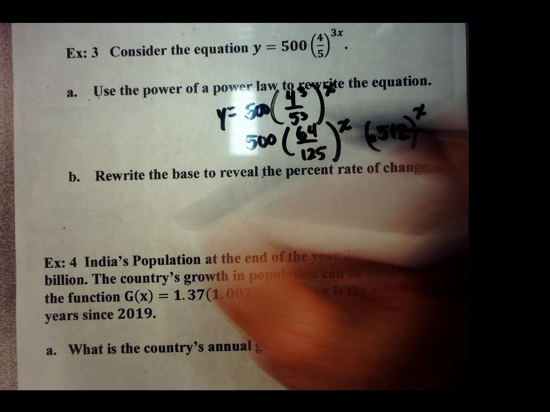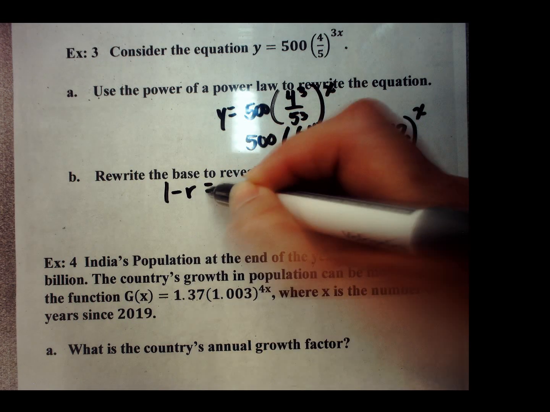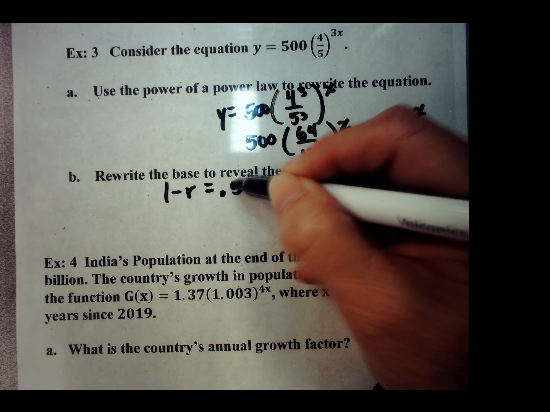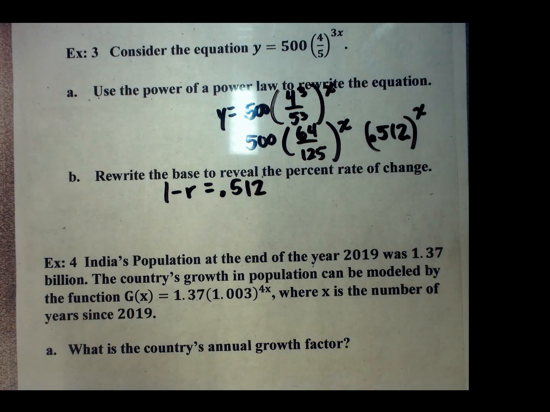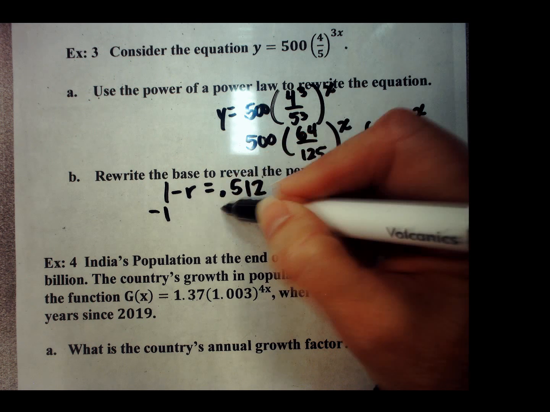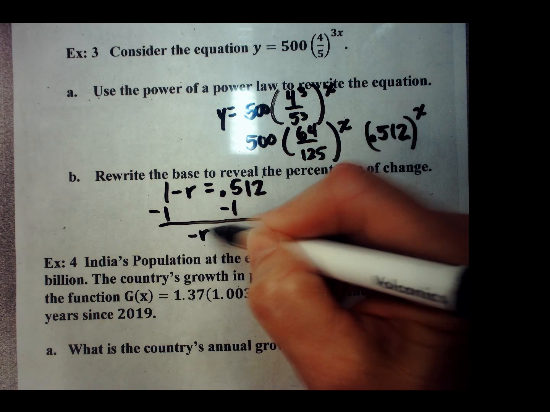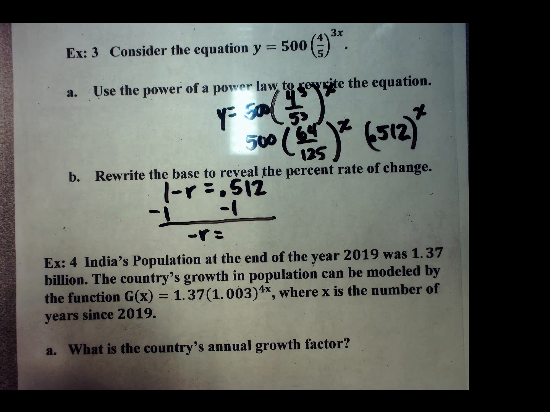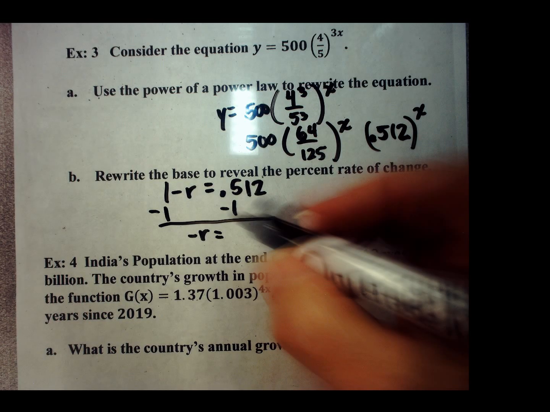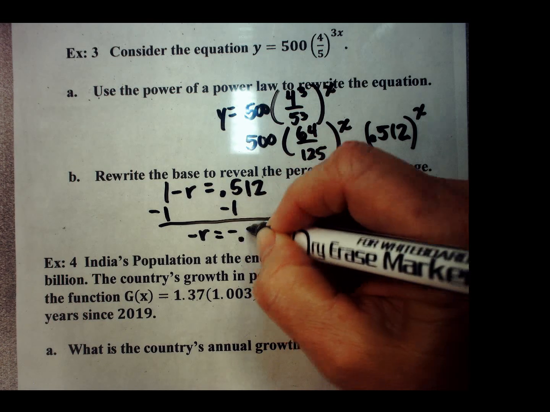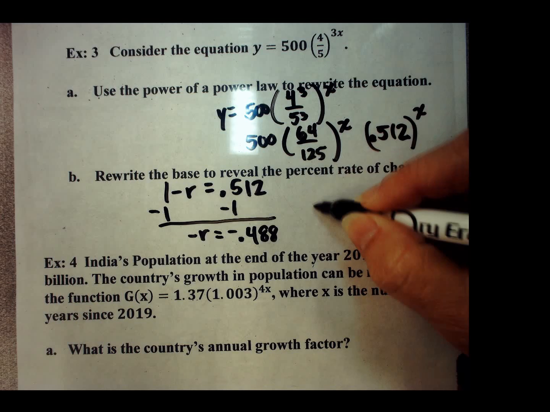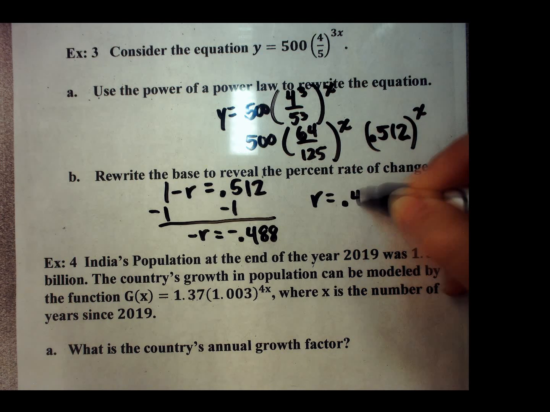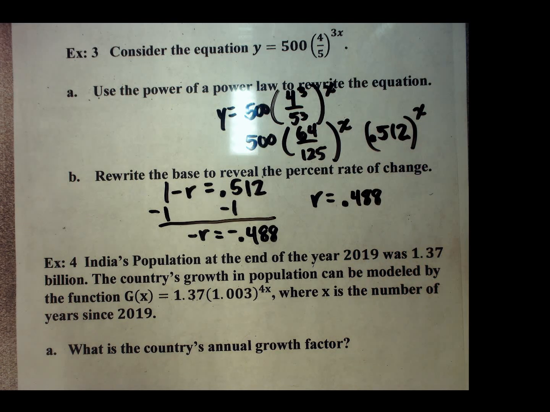So we use the 1 minus r to find out the percent that it did decay. So subtract 1. Okay, so if we change it to a percent, we move the decimal 2 places to the right. So 48.8% is the decay.